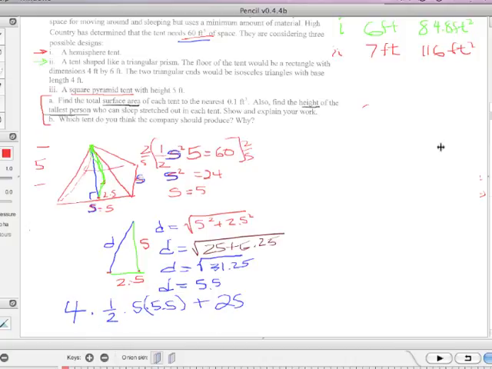So let's do some canceling. 4 cancels with 2, leaves 2. This is 2 times 5 is 10, times 5.5 is 55, plus another 25, that's equal to 80 square feet.